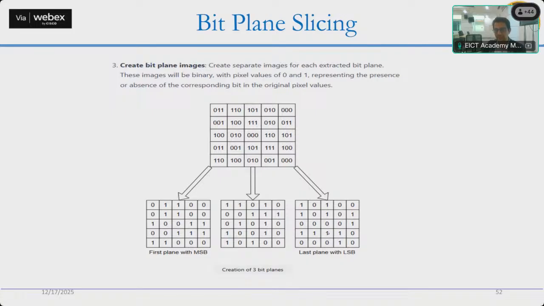Since the gray level goes from 0 to 255, that is 256 values, which can be represented by 8 bits, that's why maximum 8 planes are possible. But in this case, the pixel intensity is represented by only 3 bits, so maximum 3 planes are possible.